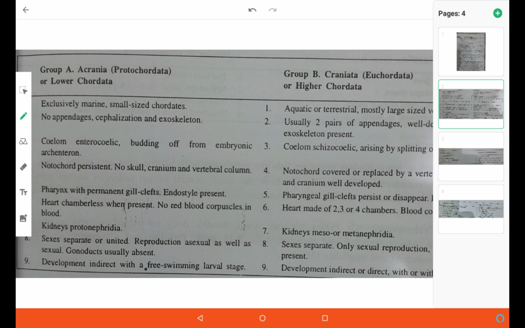Asexual mode of reproduction was also seen, but sexes are separate and only sexual reproduction can be seen in higher chordates. Development in protochordata was indirect with a free swimming larva, whereas in craniates we can see both types of development, direct and indirect, that is presence of larval stage or absence of larval stage.